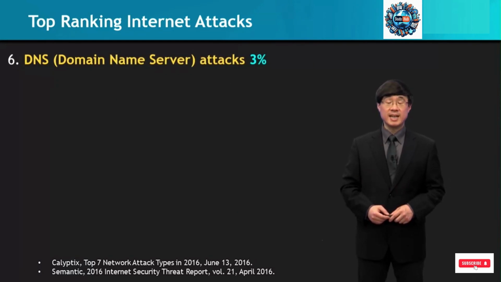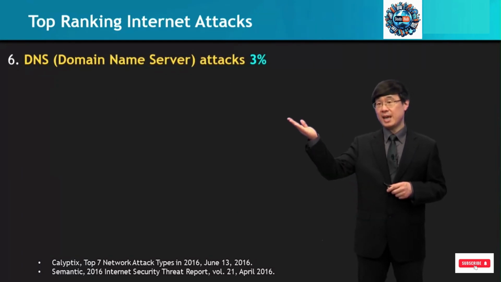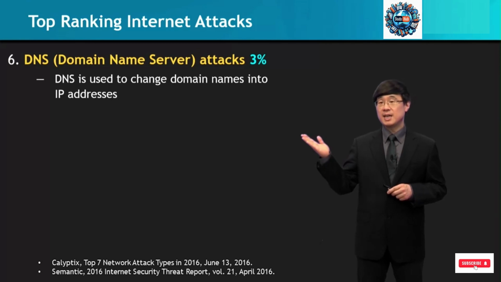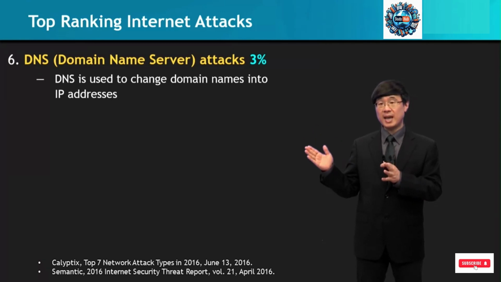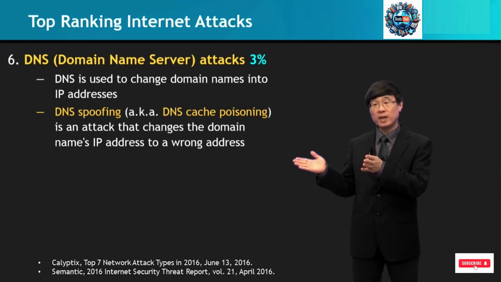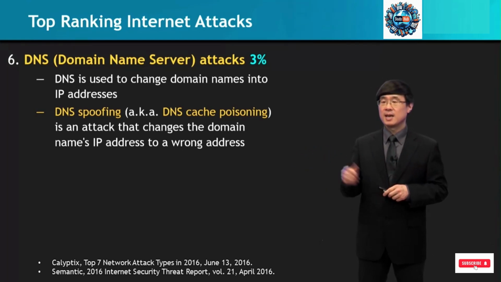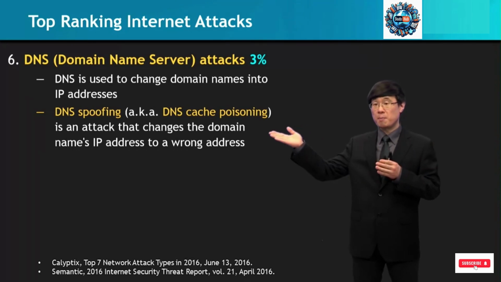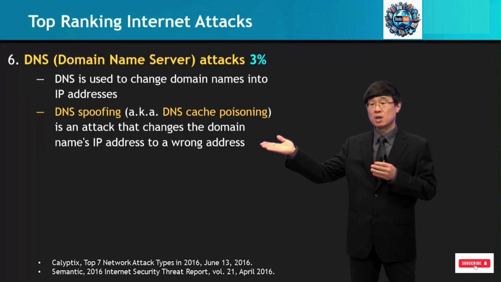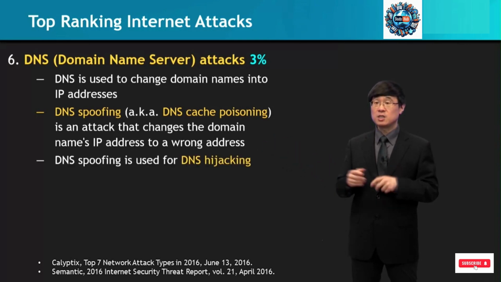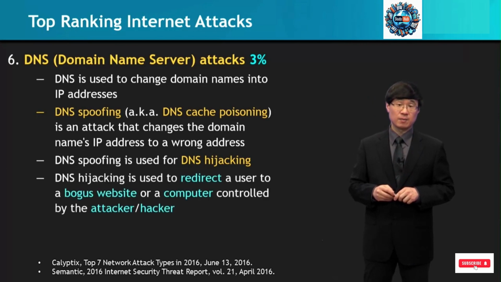Next, we have DNS attacks, which are domain name server attacks. This ranks as number 6 at 3%. Now, DNS is used to change domain names into IP addresses. And DNS spoofing, which is also known as DNS cache poisoning, is an attack that changes the domain name's IP address to a wrong IP address. DNS spoofing is used for DNS hijacking.